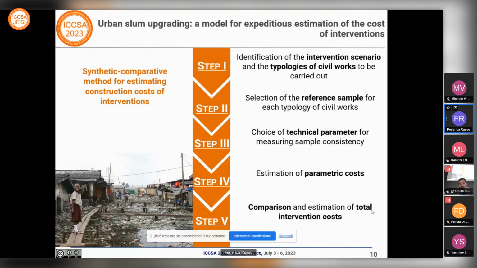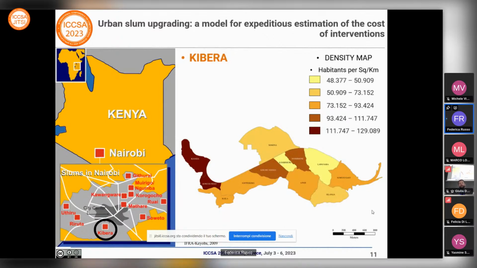The process involves a first step of identification of the intervention scenario and the typologies of civil works to be carried out, a selection of a reference sample for each typology of civil works, a choice of a technical parameter for measuring the sample's consistency, the estimation of parametric costs, and the estimation of total intervention cost.